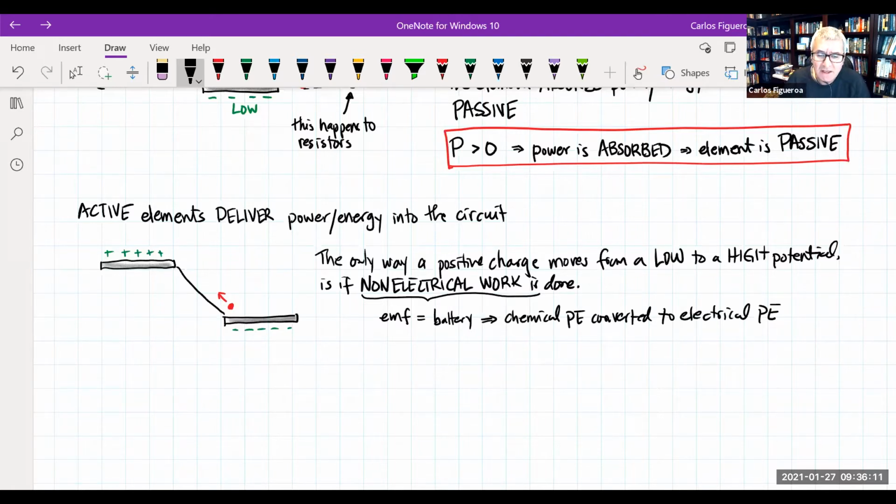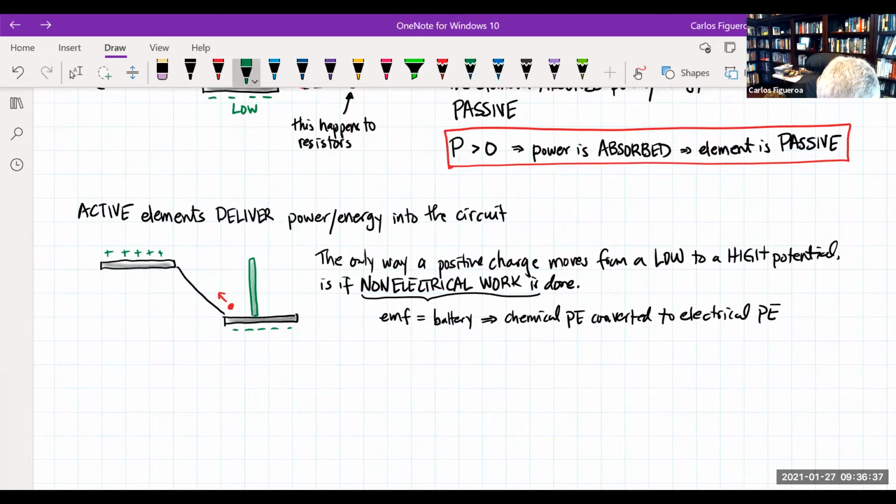So you need this EMF in order to actually increase the potential energy of this charge. So picture-wise, what we're really seeing here is that somehow, some way, there is some chemical potential here that's being done.